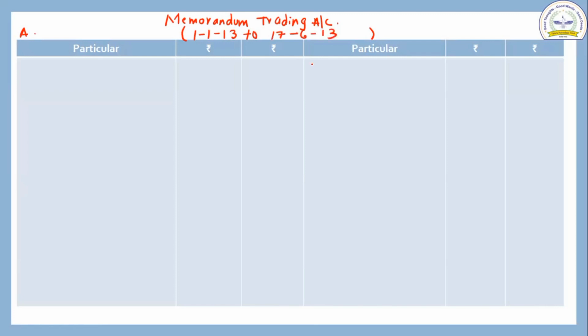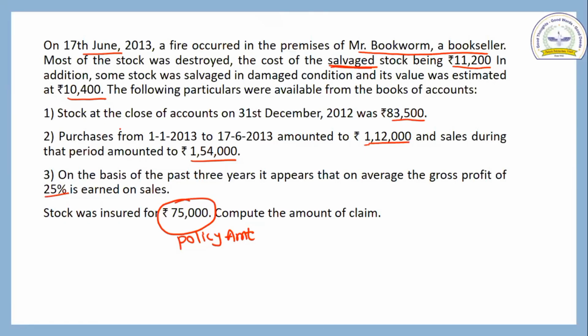Now look here, students. What are we going to make? Normal opening stock. This is the basic format: opening stock, purchases. As we have seen, purchase return is not given in the question. First we write stock at the close of account on 31st December, that is 83,500.